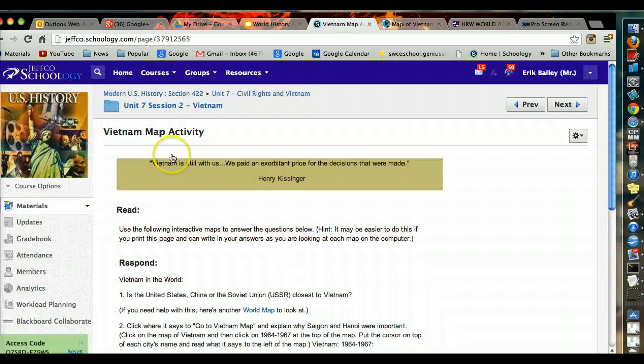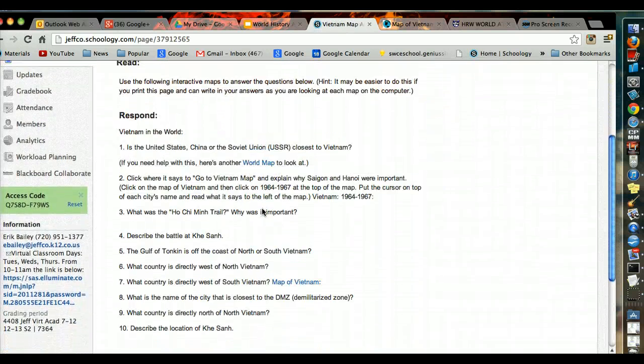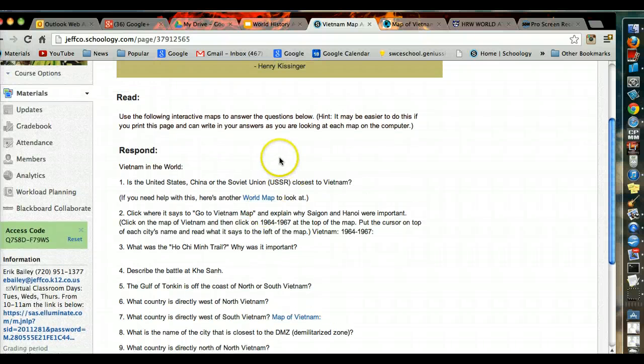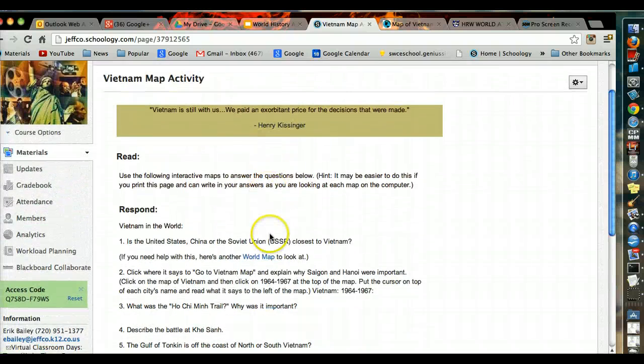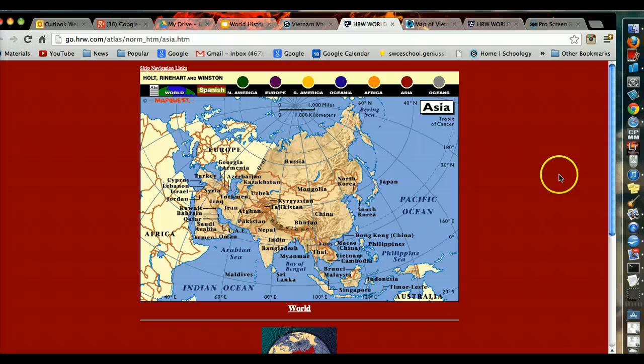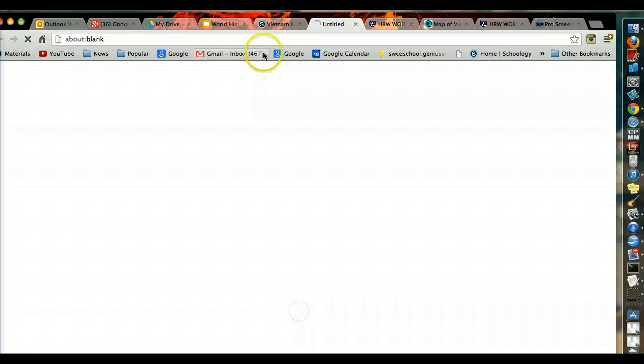So the Vietnam map activity has 10 questions, and you are researching different maps to answer these questions. I provide two maps here. One is a world map, and the other is a map of Vietnam.